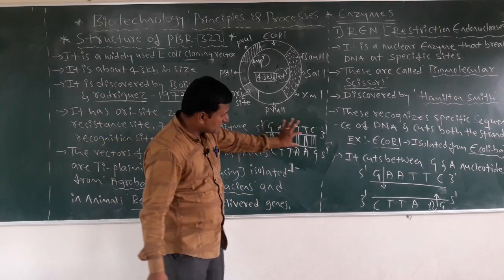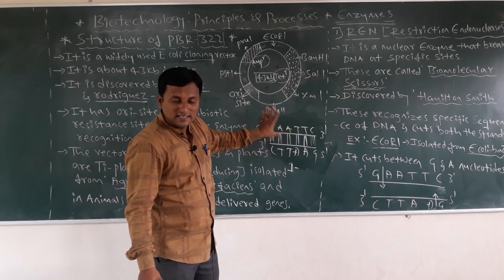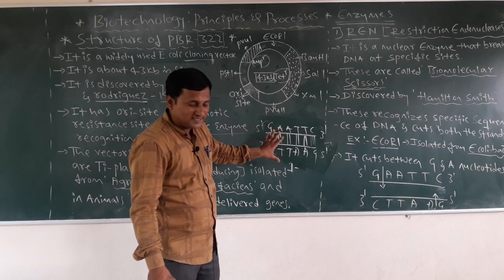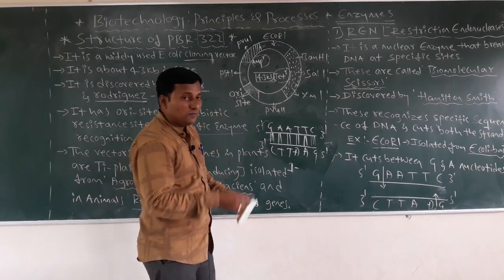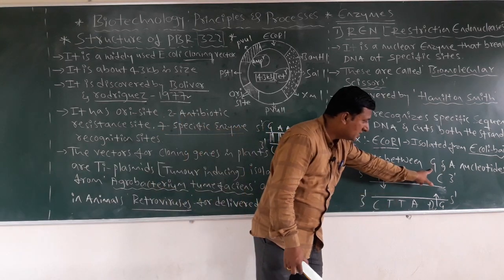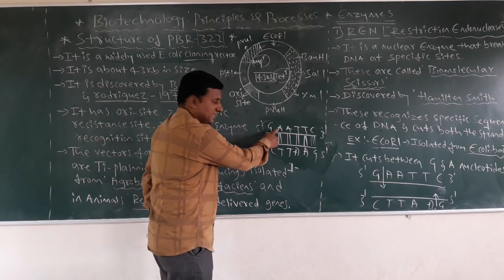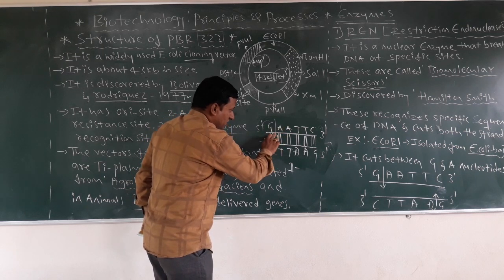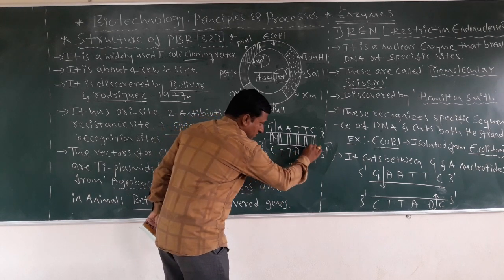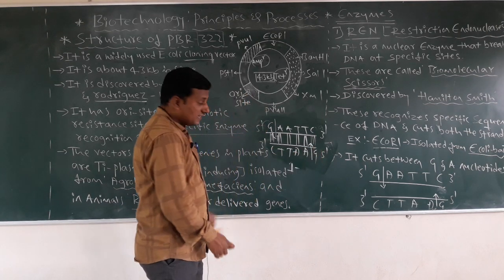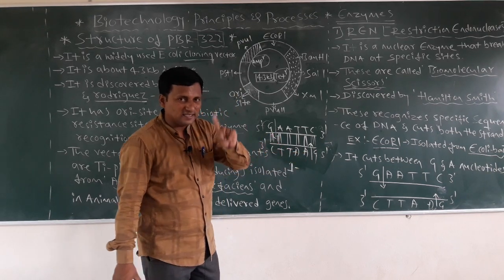This is the complementary base pair strand. In these complementary strands, the EcoR1 REN cuts between G and A nucleotides. Here, dear students, G and A. So it cuts in between, from the 5' end, between G and A.